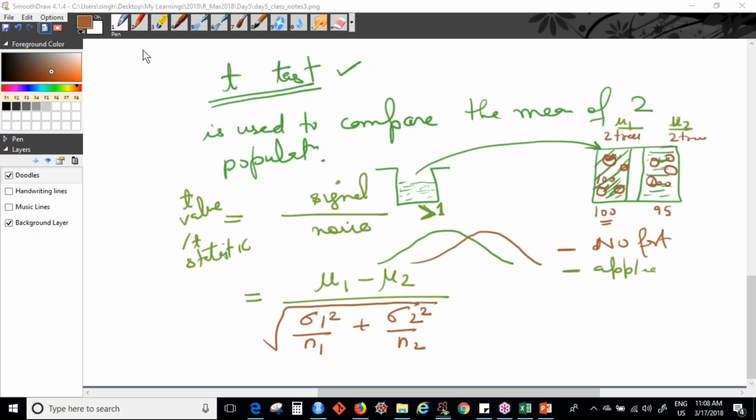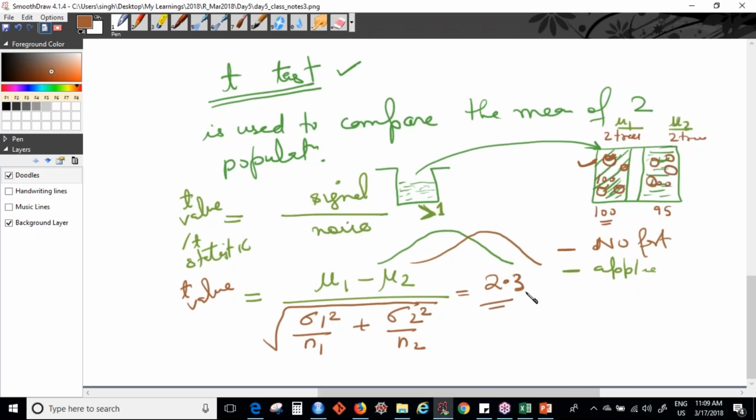This will give you your t value, or t statistic. So this will be some number. Let's say you get 2.3. This number will help you decide whether this particular land did better than the other land or not.